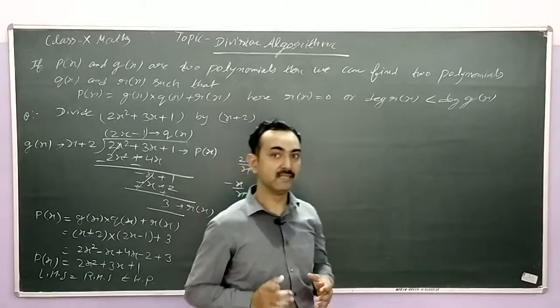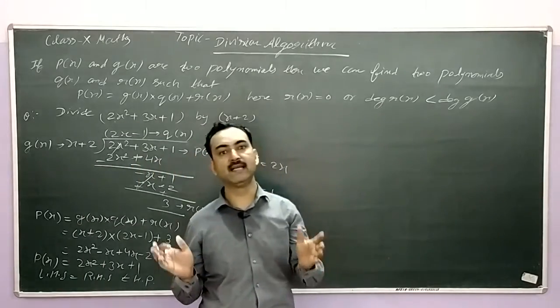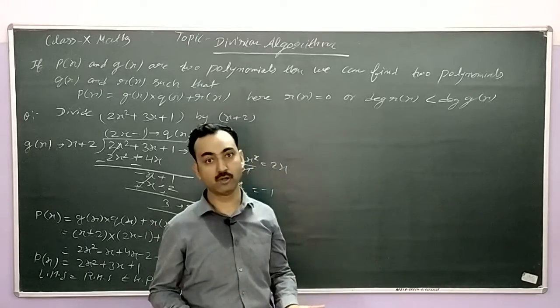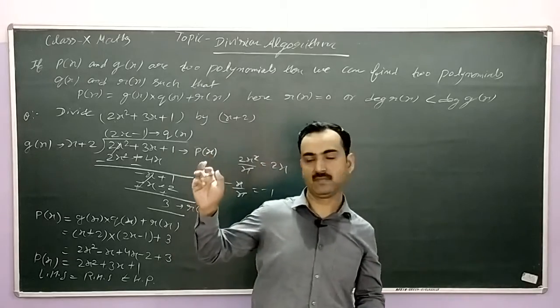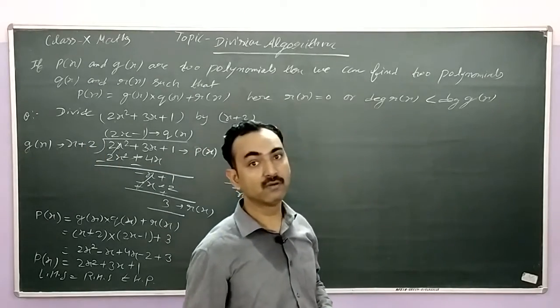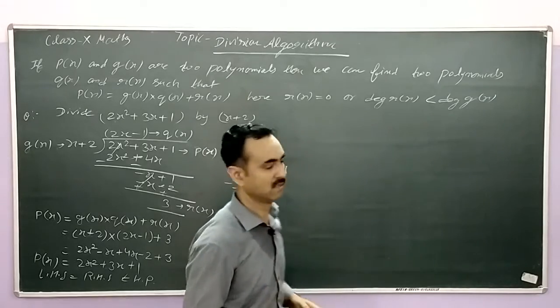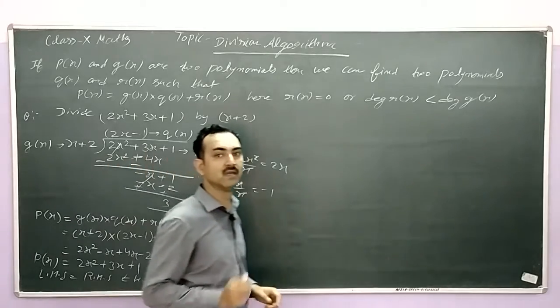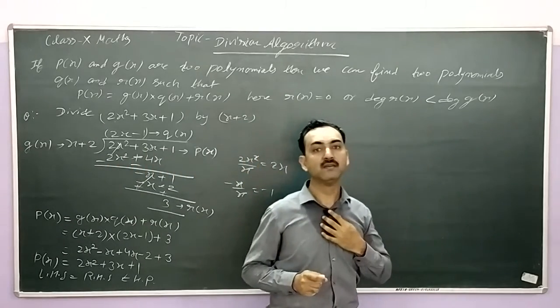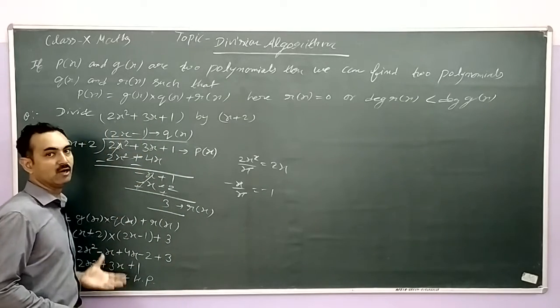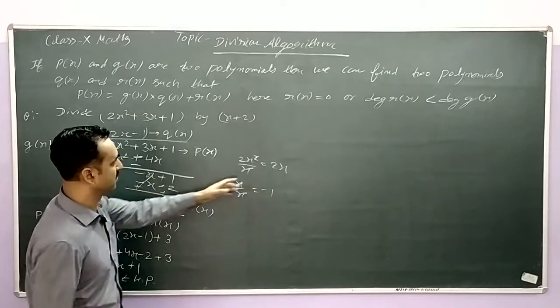If the remainder R(x) is equal to 0, it means the divisor G(x) will be a factor of P(x). R(x) being 0 means the division is completely without remainder. So this is the condition here.